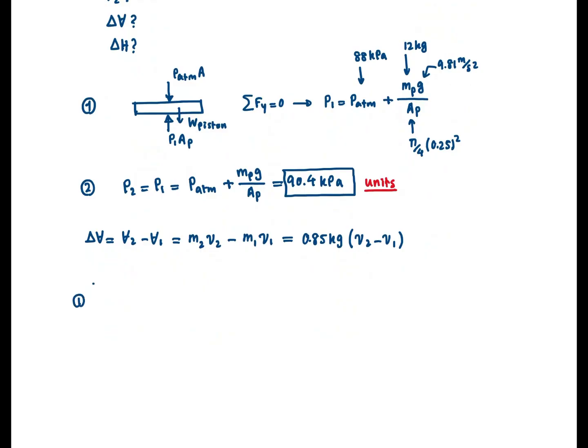State 1, temperature is given negative 10 degrees C, and we just solved for pressure. P1 is 90.4 kilopascal. And to determine the state, I can go, for example, to the pressure table. At the given pressure, I can read for Tsat.